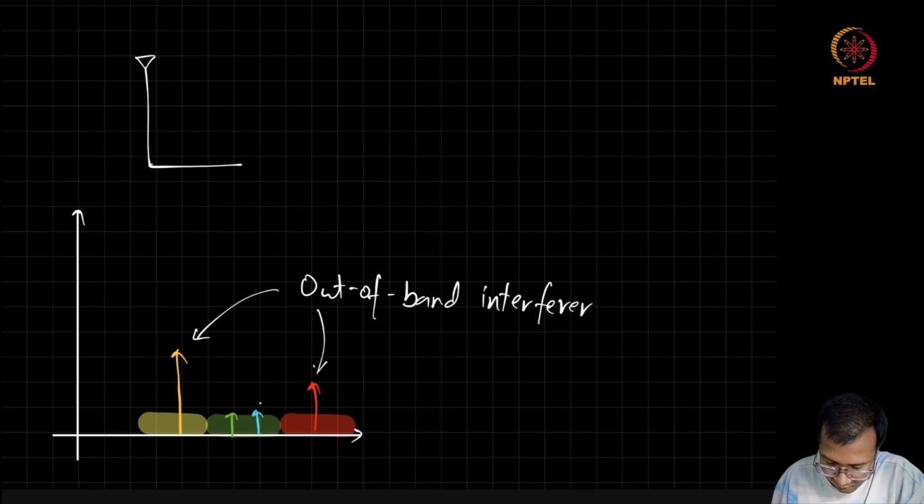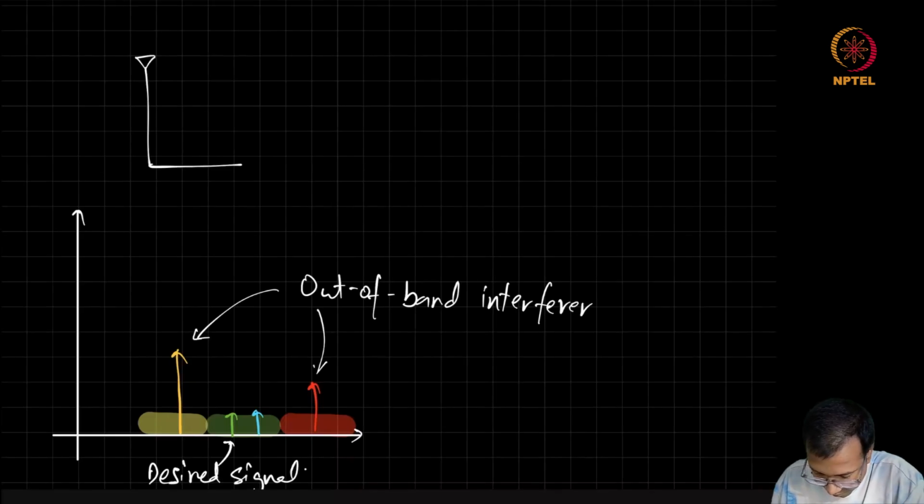Okay. Whereas this is the desired signal. Whereas the signals which are in the same band but in a separate channel are called in-band interferers.